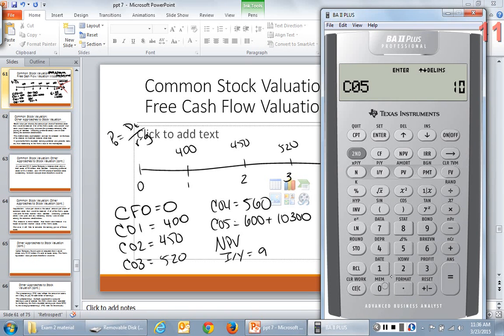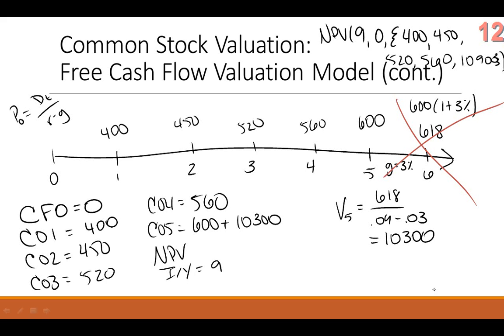And 10,900,000. NPV, interest rate is 9. So that gives us a value of the entire company of $8,628,234. Remember, that's the value of the entire company.